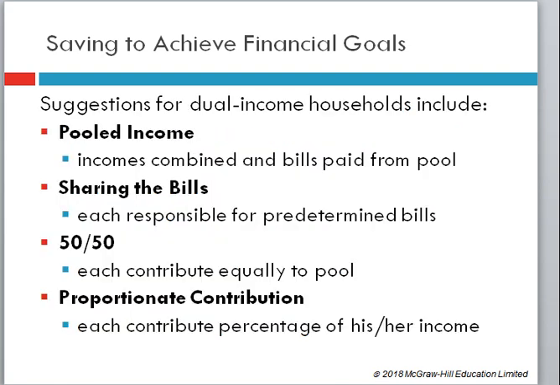Now, if you have a dual income household, how do you budget? One way is to pool your income. Everyone pools in income. Me and my spouse, or my better half, pool our incomes together. Then from that pooled income, we have our savings plan, and then we have our expense plan. But pooling income requires a significant amount of trust. The other way to look at it is sharing the bills.